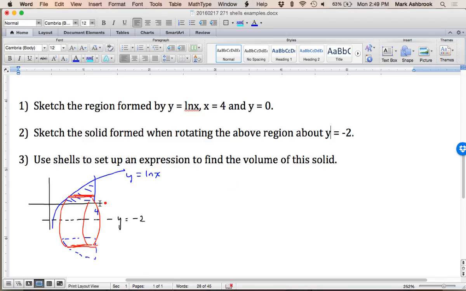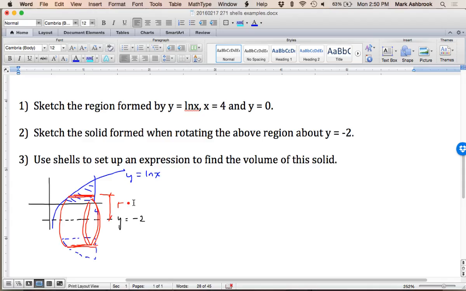Okay, so radius. Good question. The radius is going to be what? From here to here. Change in X or change in Y? That's a change in Y, right?